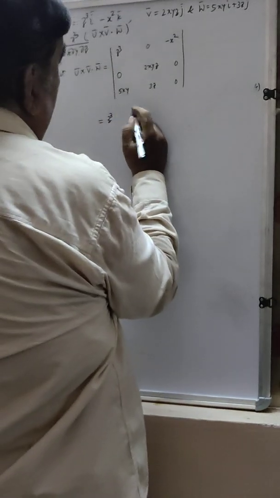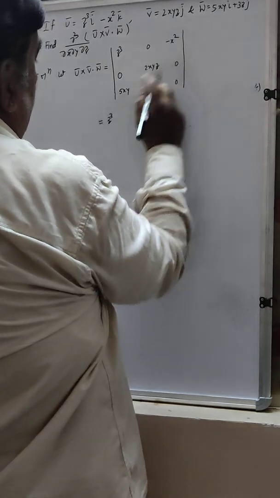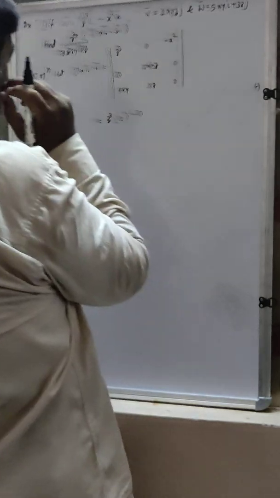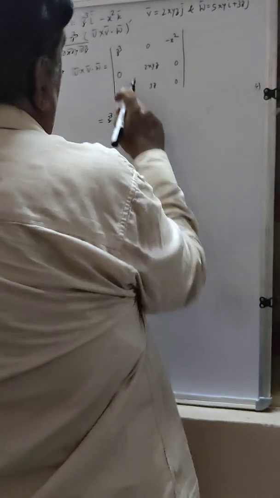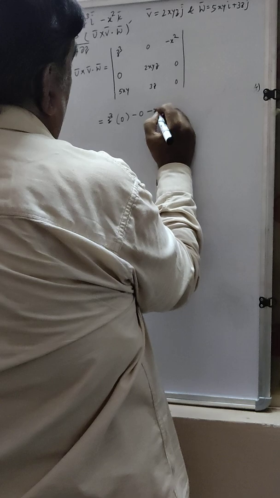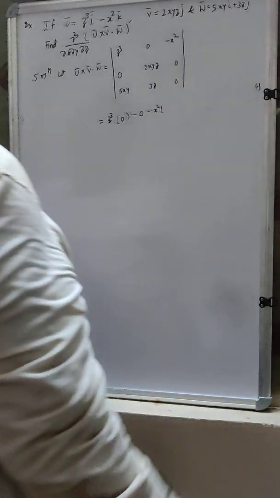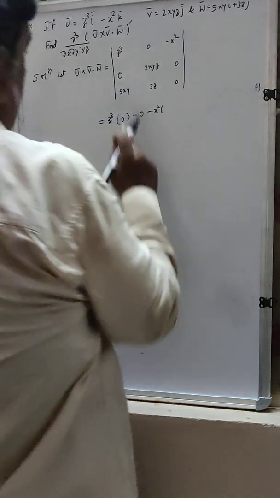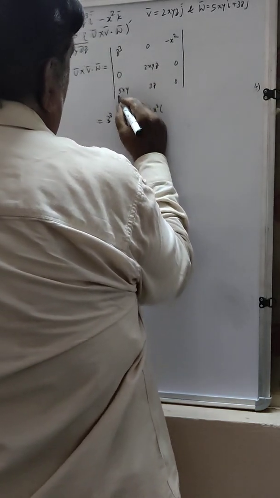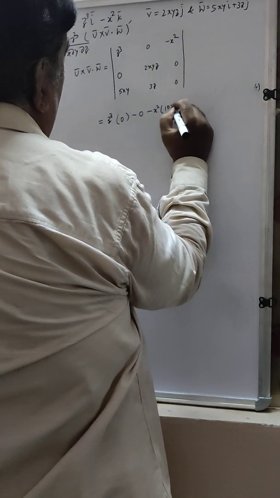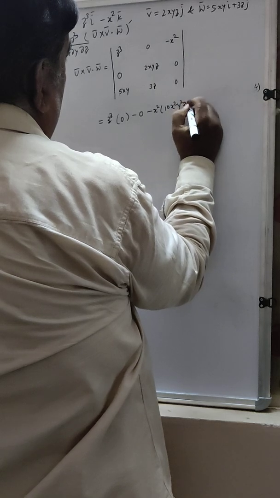This is equal to z cube, this into this 0, this into this 0. Here 0, this into this into this 0, minus x square, this into this 0, 5 into 2, 10 x square y square z.